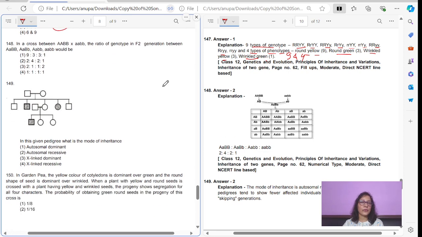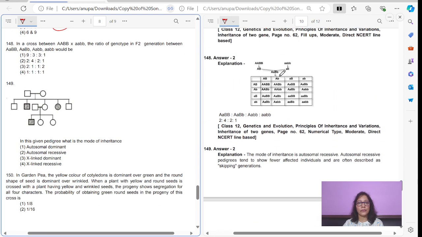Now let's move to the next question, that is question number 148. It states that in a cross between AaBB and AABb, we have to find out the ratio of genotypes in F2 generation.